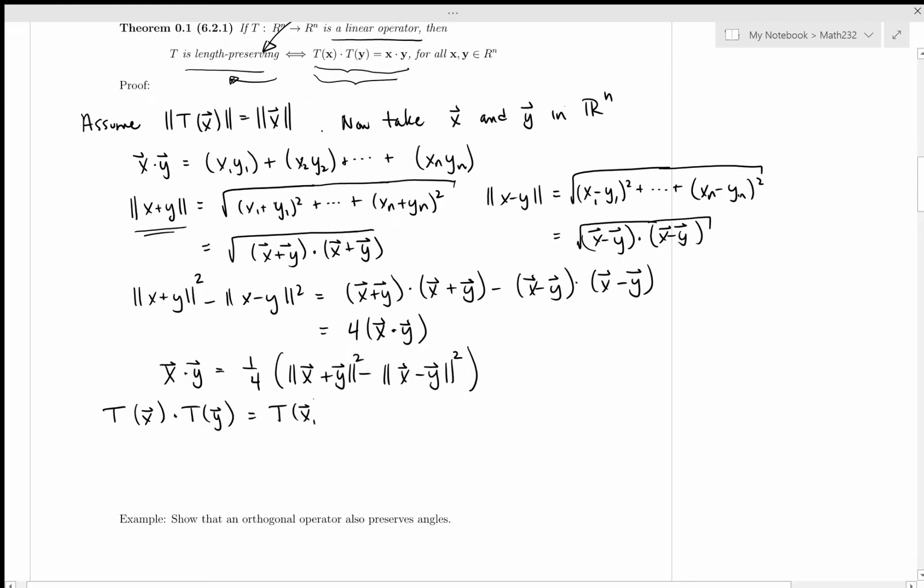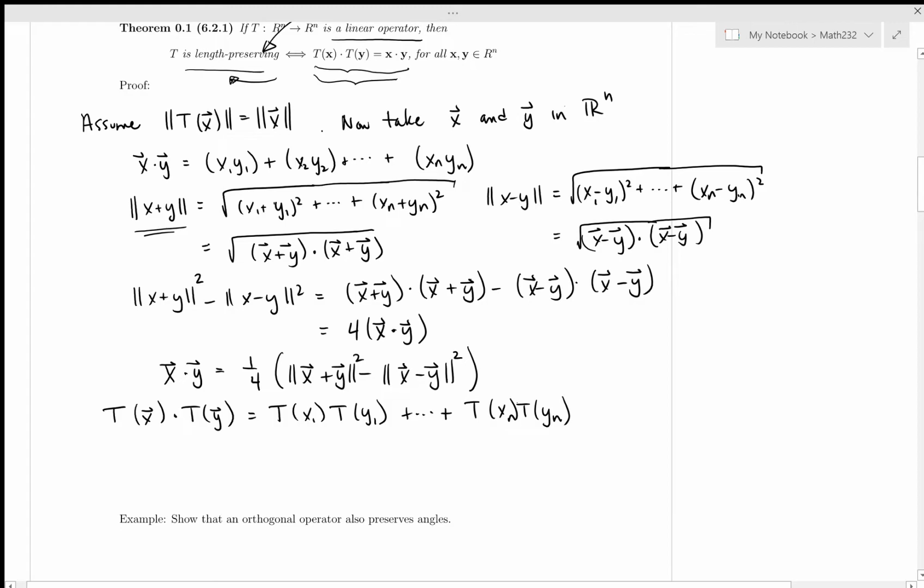When I take the dot product, that's going to be the transform of x1 times the transform of y1 plus, and I go through them all like that, the transform of xn times the transform of yn.